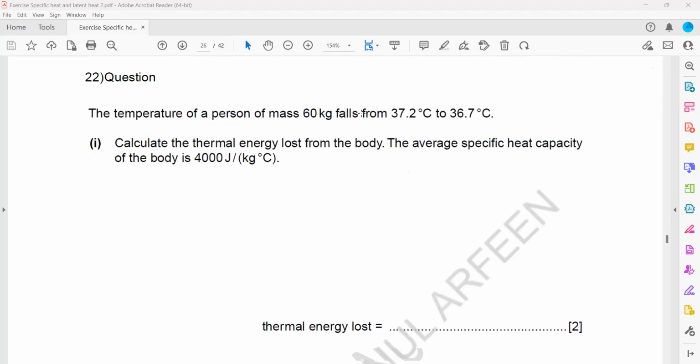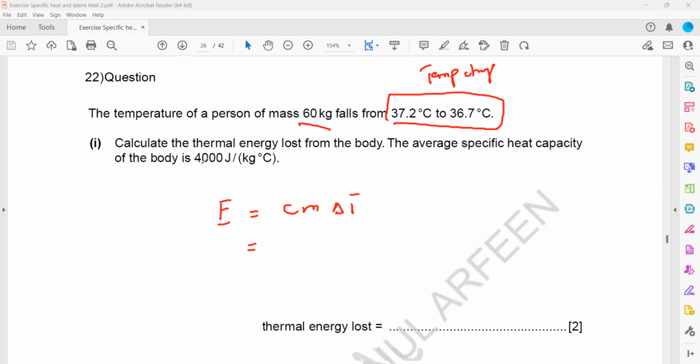In question 22, the temperature of a person of mass 60 kilograms falls from 37.2 to 36.7. Calculate the thermal energy lost. Because there is a temperature change, energy is equal to c m delta T. The specific heat capacity of the body is 4,000.